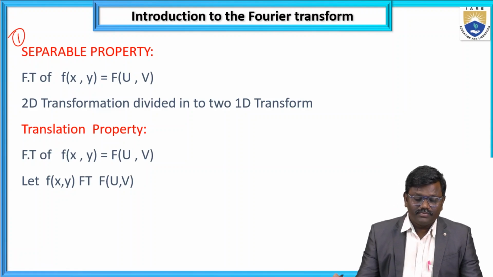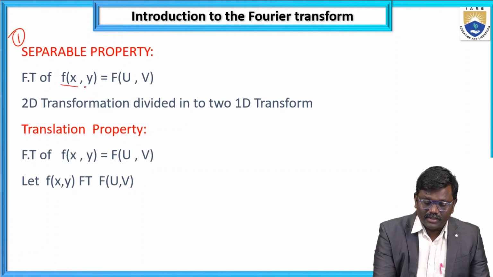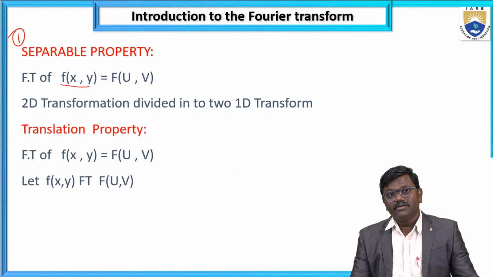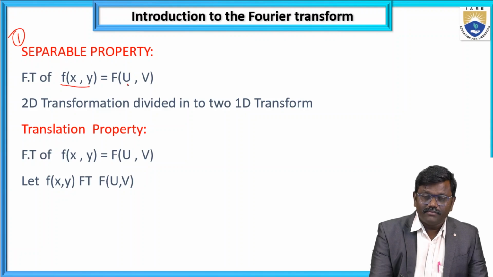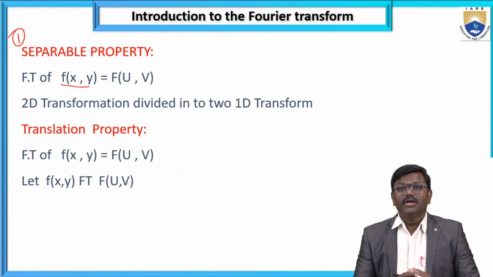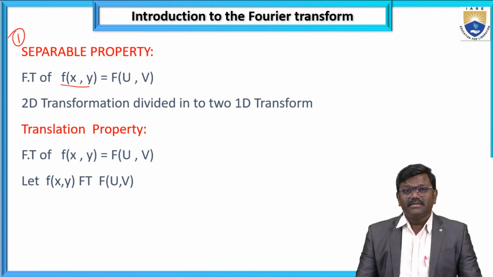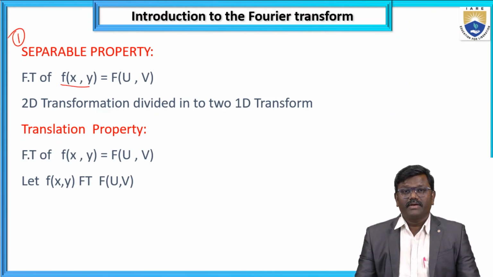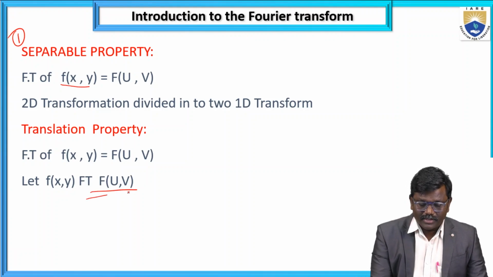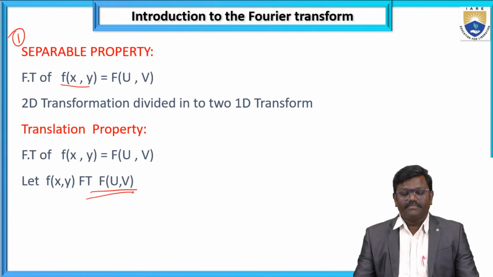The Fourier transform of the image function f of x, y gives capital F of u comma v in the frequency domain, where we divide the 2D transformation of f of x comma y into 1D transformations. For the translation property, the frequency transformation of f of x comma y is equal to F of u comma v.